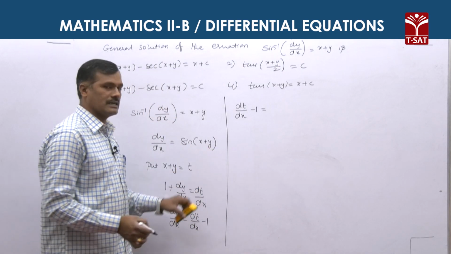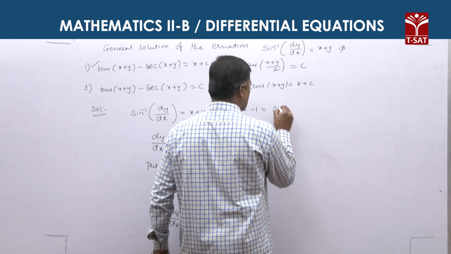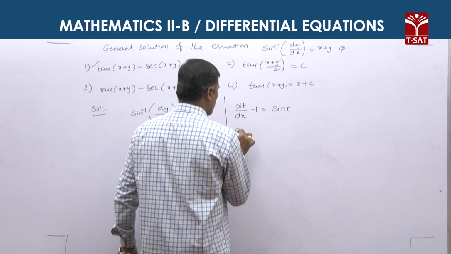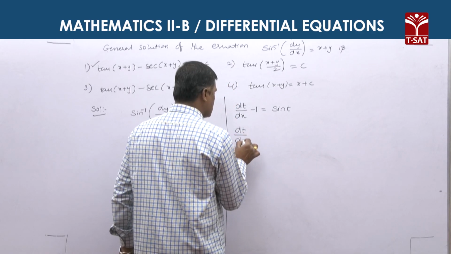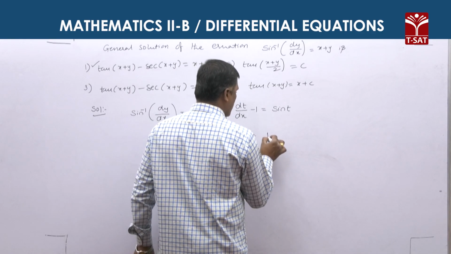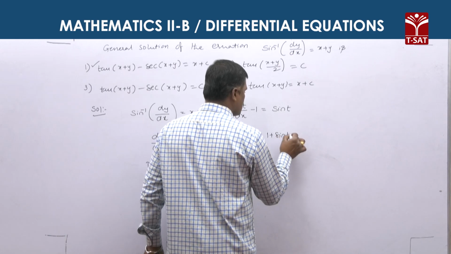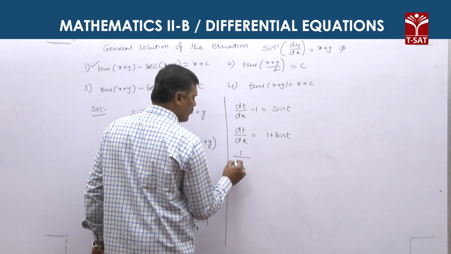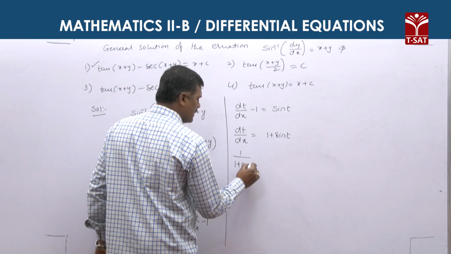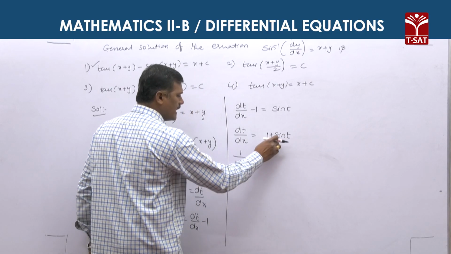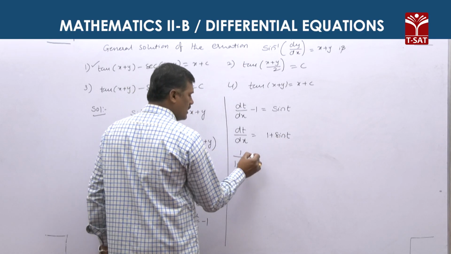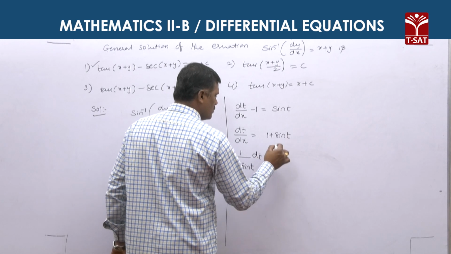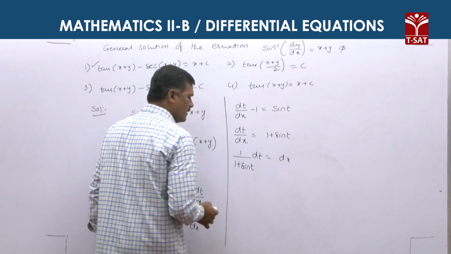Therefore, dt by dx is equal to 1 plus sin t. Now, separating the variables, 1 by 1 plus sin t. This term taking to the left side, it goes to the denominator, into dt is equal to dx.